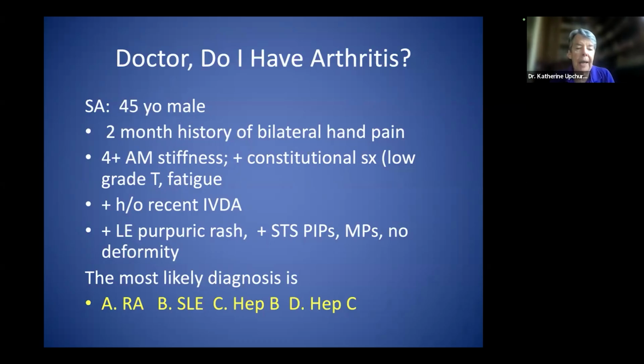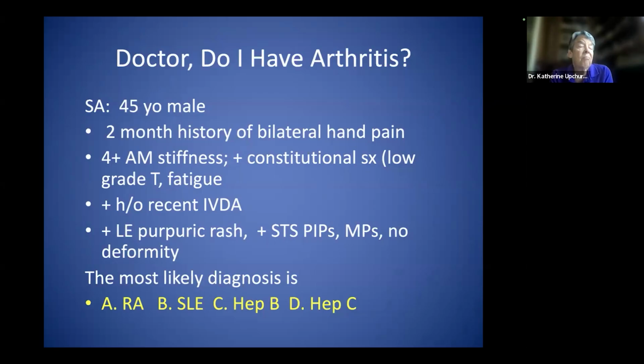So I can't see you, so I don't know what the show of hands might be, but this seems to me to be unlikely to be RA, unlikely to be lupus. Could be hepatitis B, but hepatitis B doesn't usually cause a purpuric rash. So I would say that this is highly typical of hepatitis C.